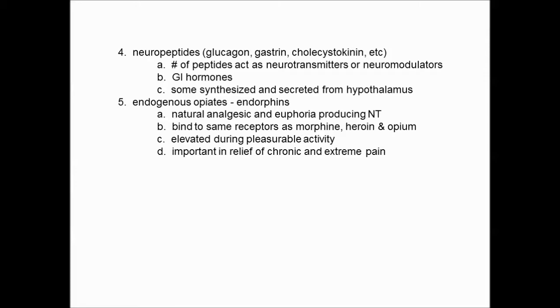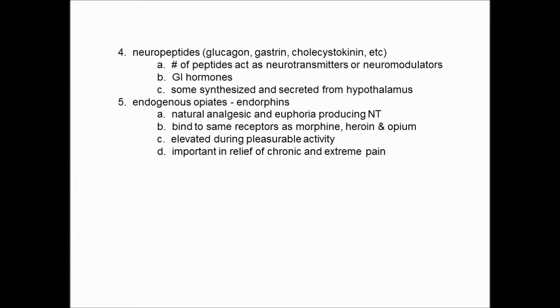You also get the idea that neurotransmitters are found in either the peripheral or central nervous system. There are many peptides that act as neurotransmitters and neuromodulators in other systems. Next semester, when we get to the GI system, you're going to hear about all kinds of peptides that control responsiveness of the GI system, such as motility and secretion.